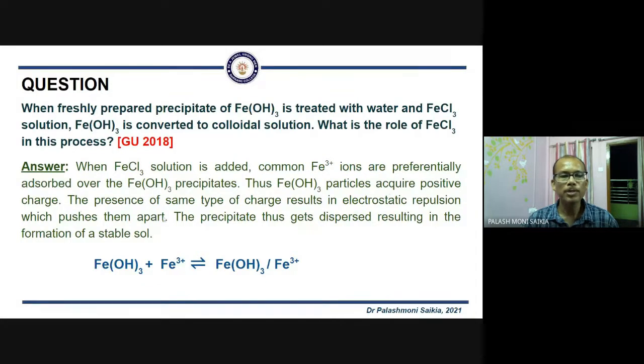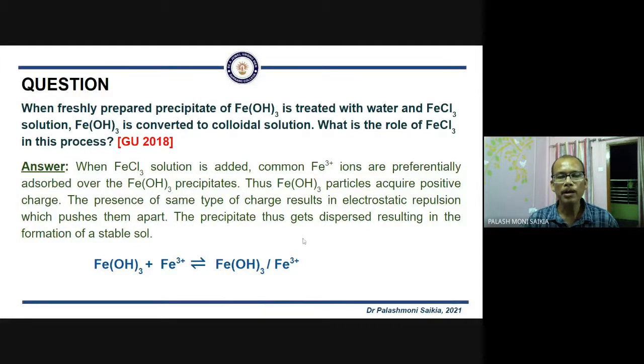When the particles acquire this positive charge, the ferric hydroxide precipitate particles which were earlier precipitated will now go apart because of electrostatic repulsion. Earlier they were neutral, now they are charged particles, so they will not agglomerate as precipitate, but will simply split apart.